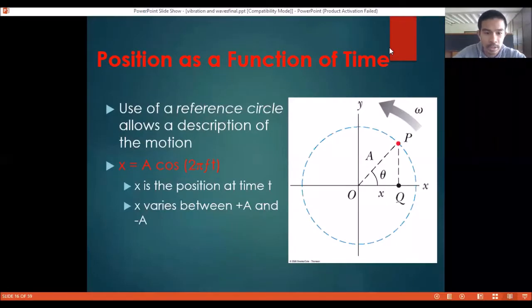So this is the displacement of an object moving in simple harmonic motion. It is expressed as x equals the amplitude times the cosine of 2 pi times the frequency times time. x here is the position at time t, and x varies between positive A and negative A.